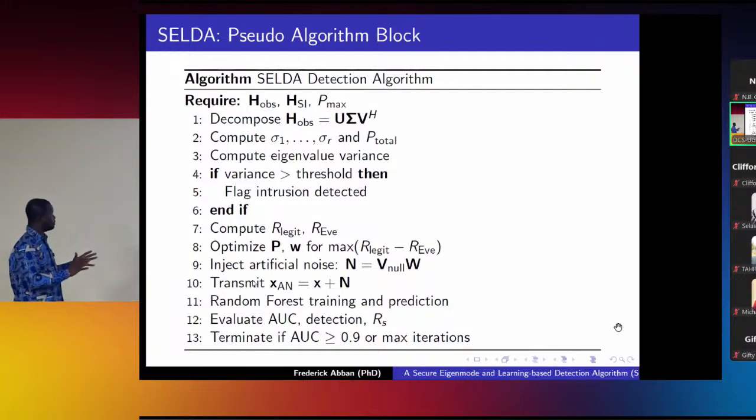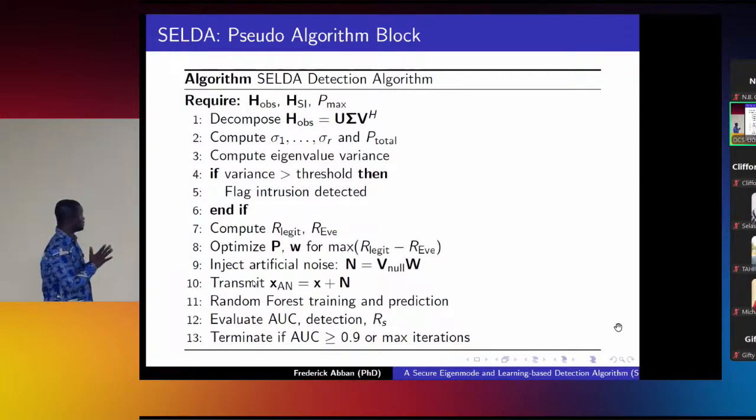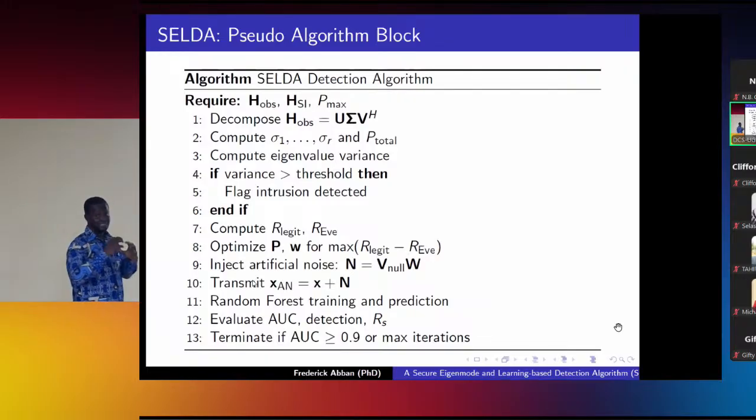So in pseudo form, what we did was we observed the received signal, the self-interference signal, and the transmit power. Then we decomposed the observed signal using SVD. Then we computed the variance of the signals and the power, and we also computed the eigenvalue of the variance, and then we compared the variance and the threshold.